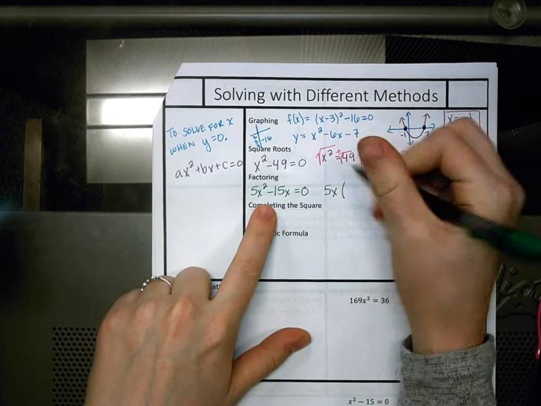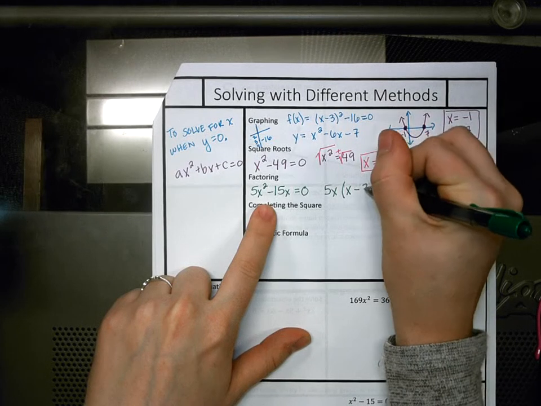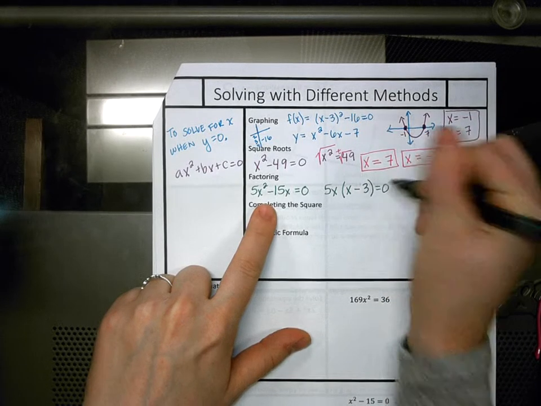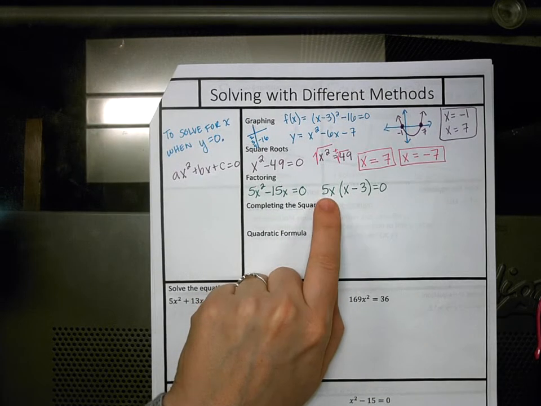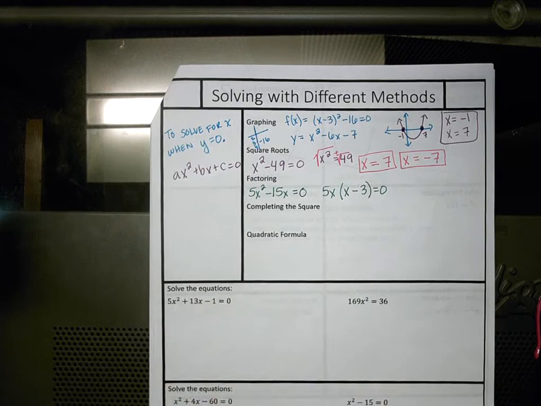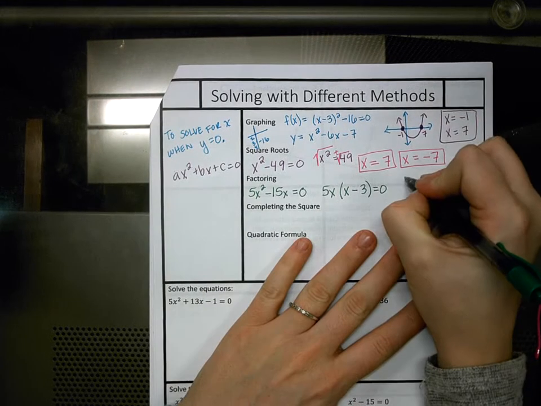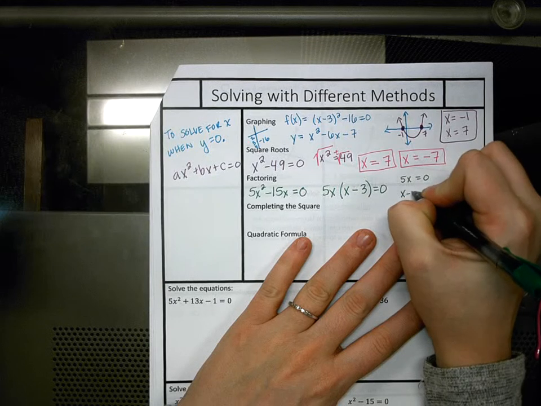If I factor out a 5x from each of these terms, I'm left with x minus 3. If you multiply two terms together, 5x and x minus 3, to get 0, that means we set each of them equal to 0 to determine our solutions for x.